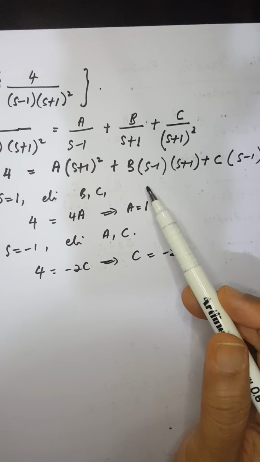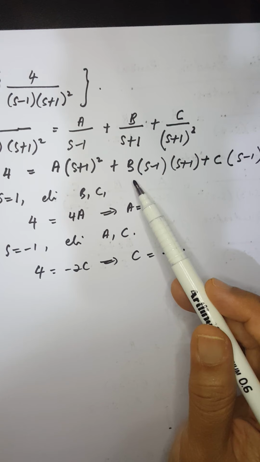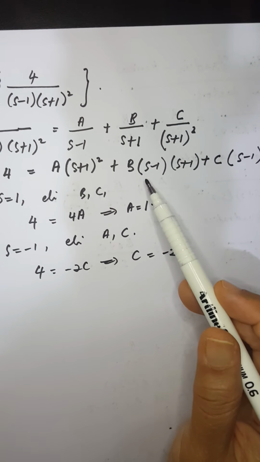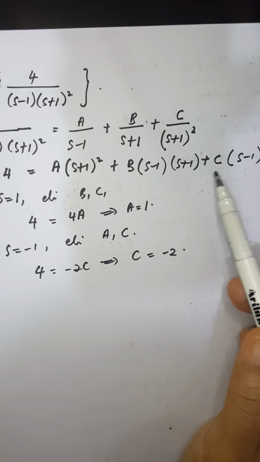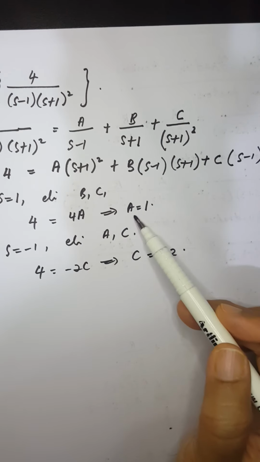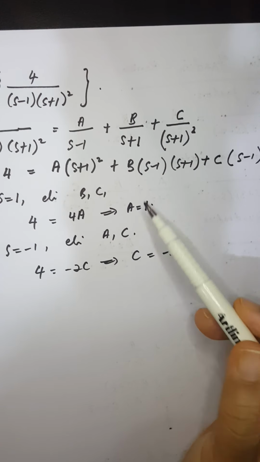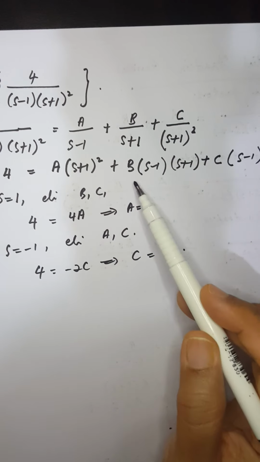One of the ways is to substitute the values of s with any numbers. Because we have already found A and C, the only constant available here is B. So when we substitute s, with A and C known, we can find B.